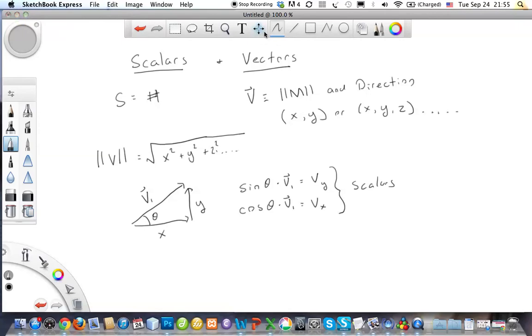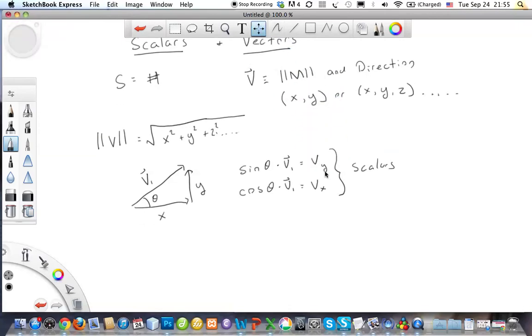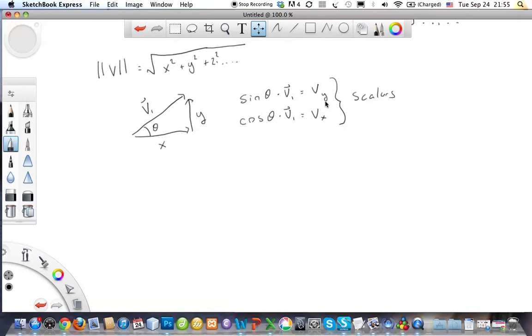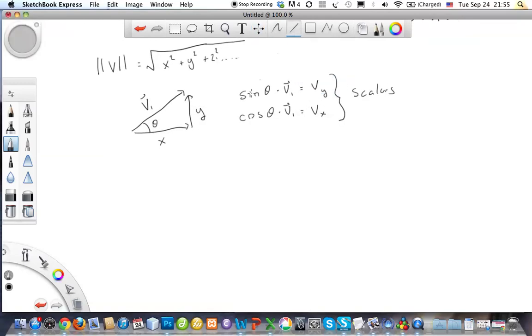Now with that concept in mind, we're going to expand on it with addition of vectors, multiplication, the cross product, and the dot product.